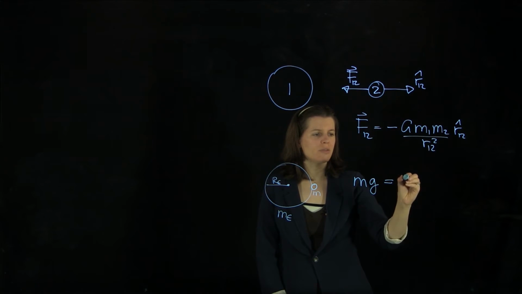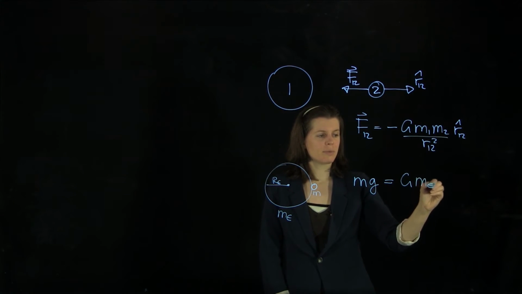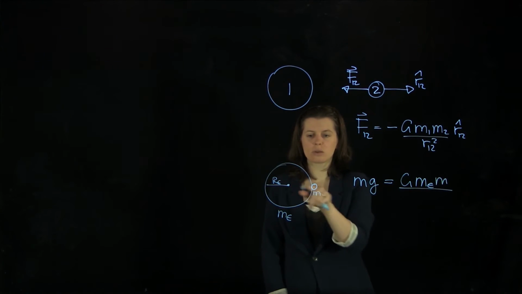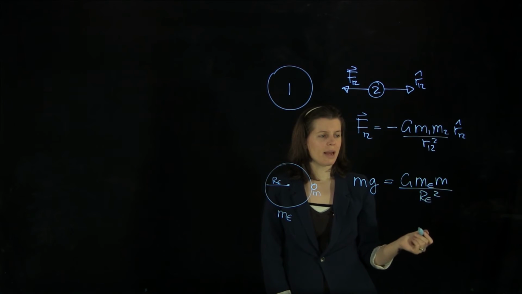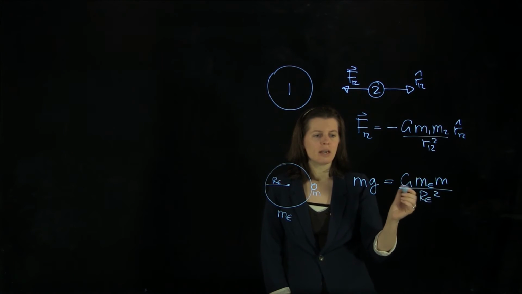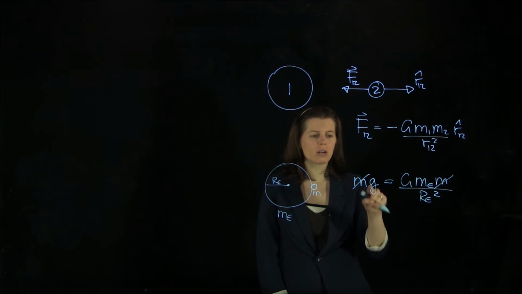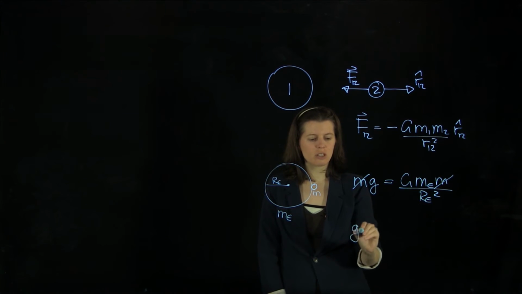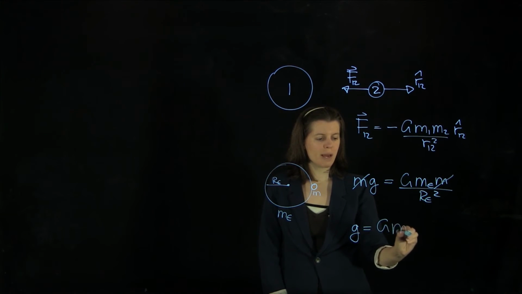So we can equate that with G, and then we have the Earth mass and the mass of the moon rock times the distance squared, so an Earth radius squared. And from that, we already see that we can cancel out the small m of the moon rock, and we get to g. So we can calculate the gravitational acceleration, which is capital G Earth mass over Earth radius squared.